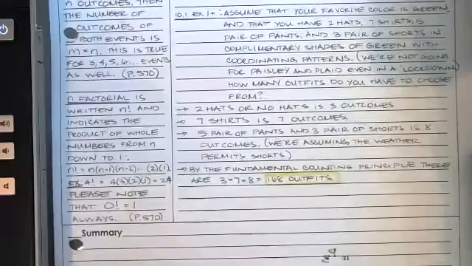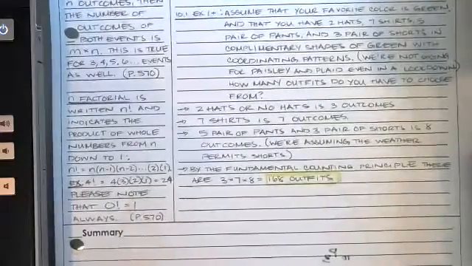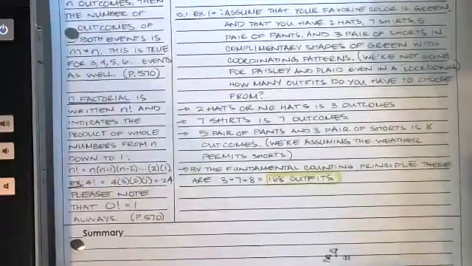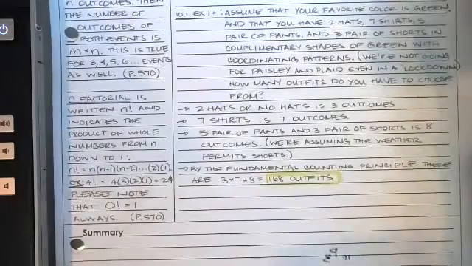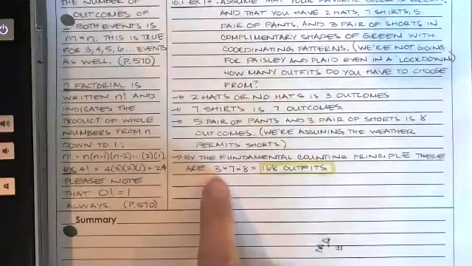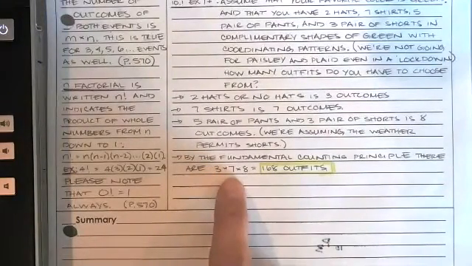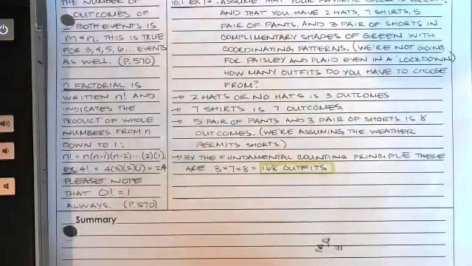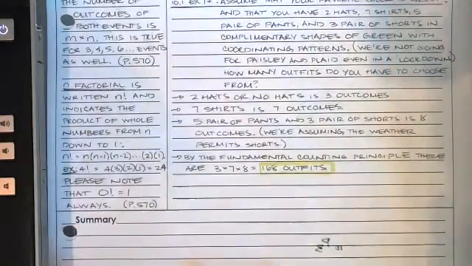Because they didn't specify that, we're assuming that pants or shorts are equally possible. So according to the fundamental counting principle, we've got the hat or no hat option, the shirts, and the bottoms, to get 168 possible outfits. Does that make sense?